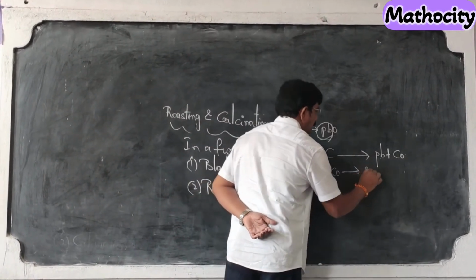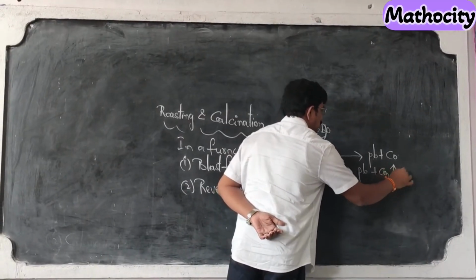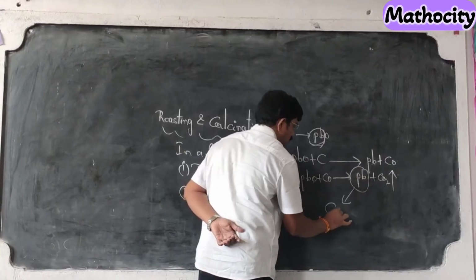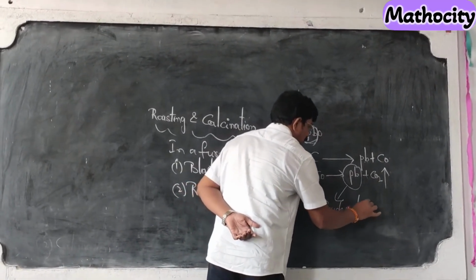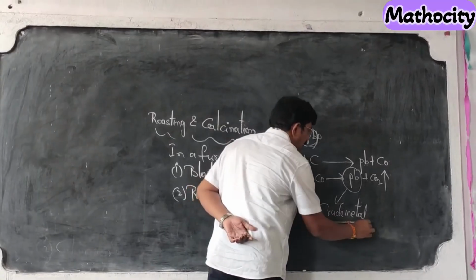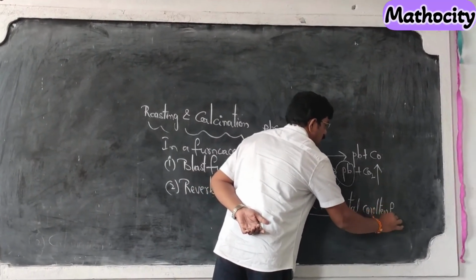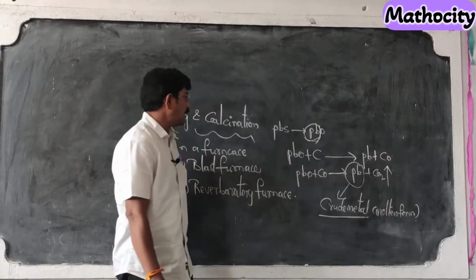You will get lead plus carbon dioxide. So now you got crude metal. Generally this crude metal is in molten form. Are you clear about that?